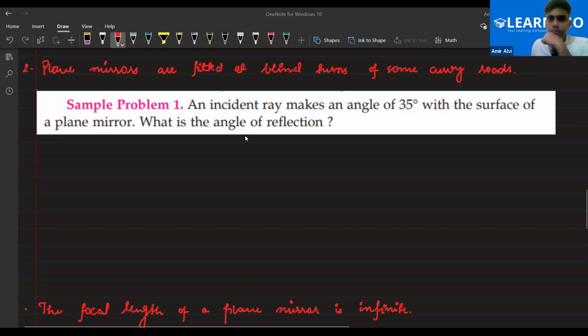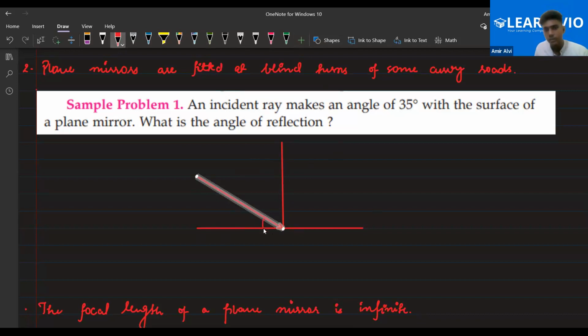Okay. So this question is very similar to the previous one that we have done, the total angle between the incident ray and the reflected ray. The question is saying this is the incident ray, and it is making an angle of 35 degrees with the surface of the plane mirror.